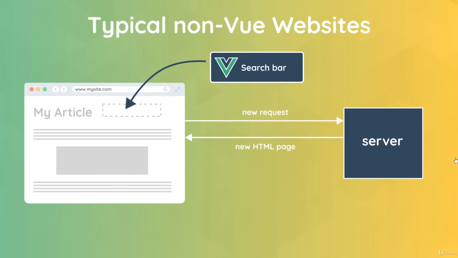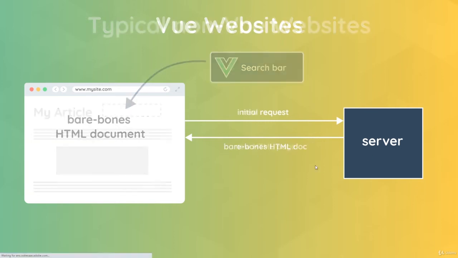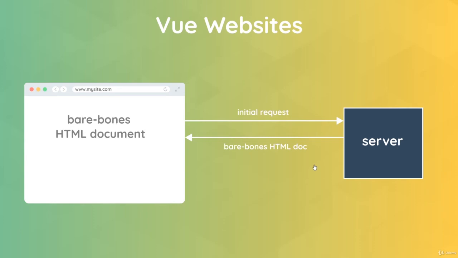Now, when we use Vue to create and control a full website, things work differently. The browser still makes the initial request to get a web page from the server, and that web page is normally a blank, bare bones HTML document. It normally contains virtually no visible content, but it can do sometimes.